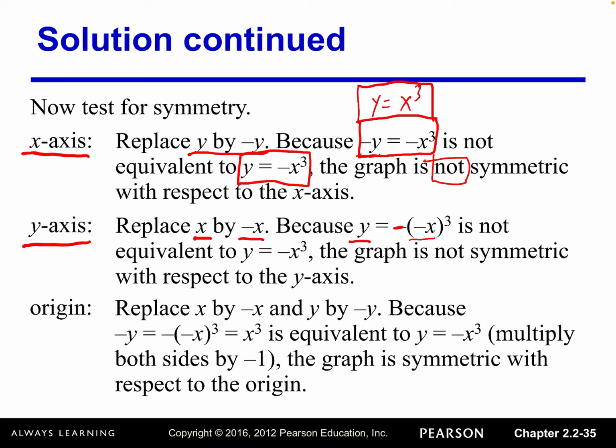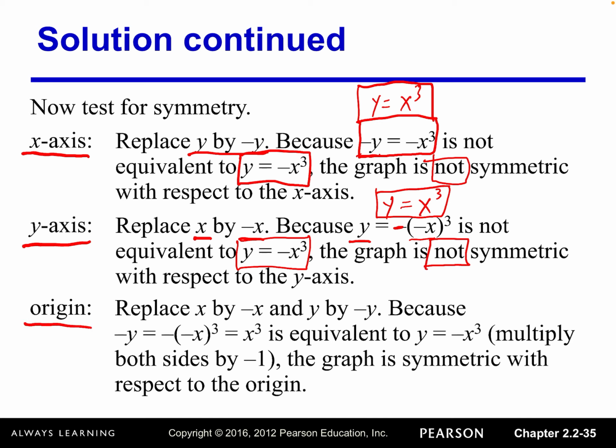So the negative 1 comes out and cancels with the outside negative sign. Negative, negative becomes a positive, right? So we simplify as y equals positive x to the third power. Compare this equation to the original, you will see the sign on the right-hand side is different, so it is not equivalent to the original equation. Therefore, the graph of this equation is not symmetric with respect to the y-axis.